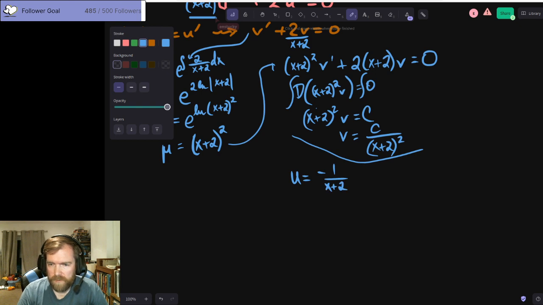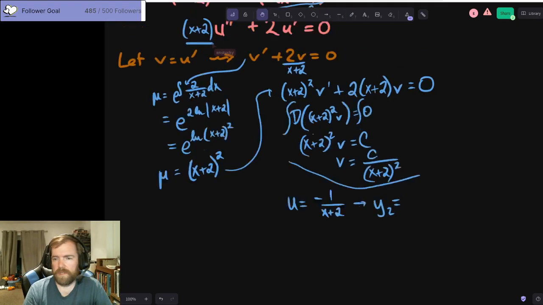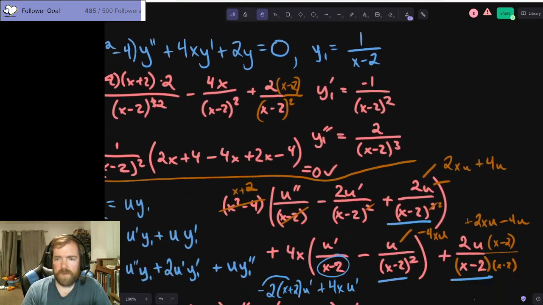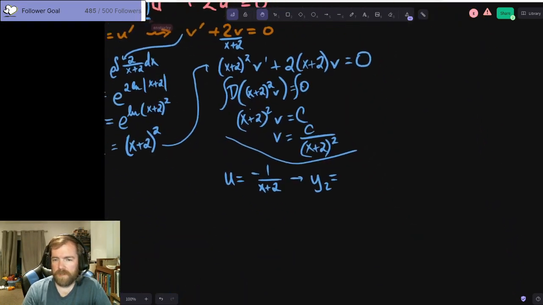So u is going to be negative 1 over x plus 2, which means that y2 is going to be, what was y1? 1 over x minus 2.